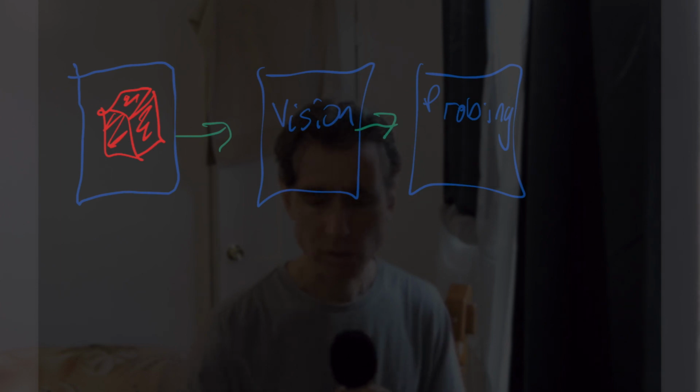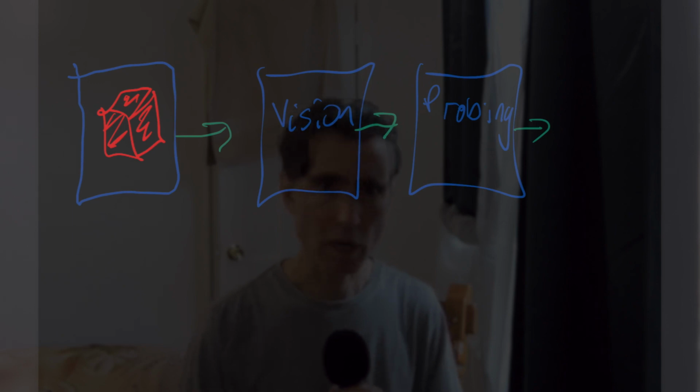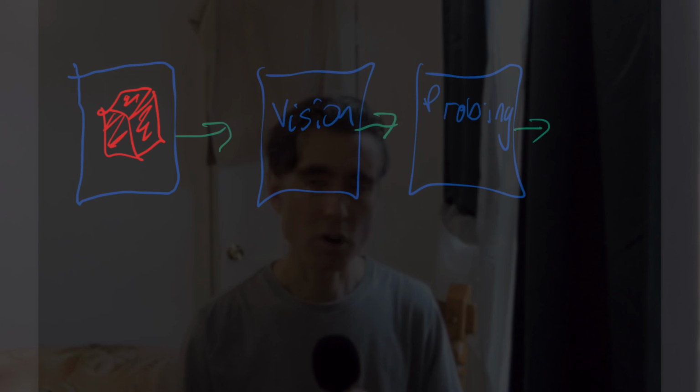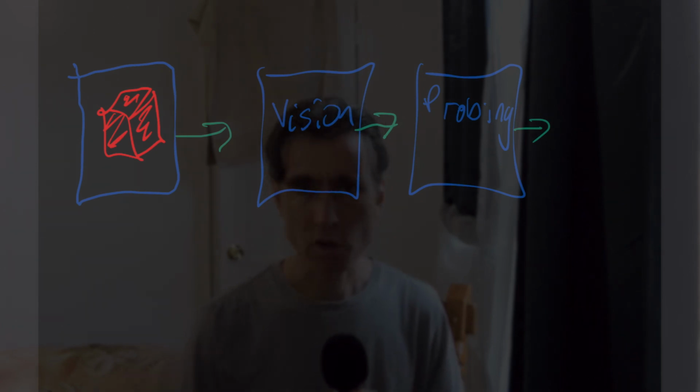What we're going to do is train this probing model. We're going to fix the vision module so the vision module doesn't change. So we run the main experiment where we're getting the agents to identify the appropriate picture, the appropriate object.